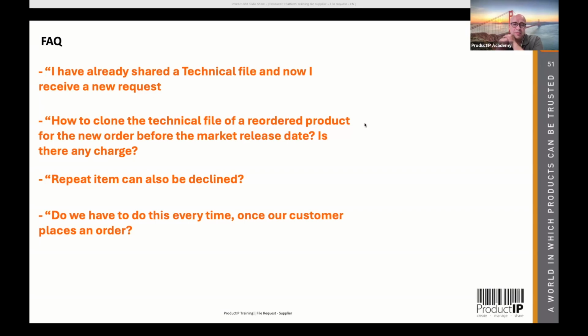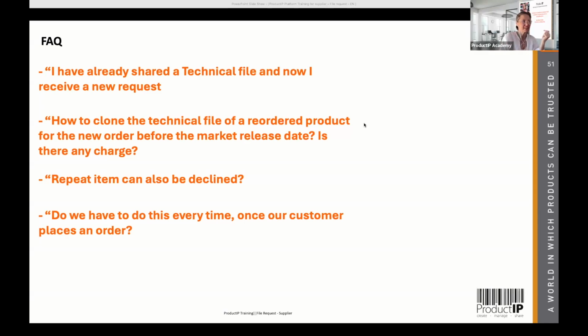Saskia: For a clone, if you keep the market release date the same, it's 1 credit. If you change the market release date, then it's 2 credits. Correct, but in most cases, if you change the market release, it should be changed because it has a new entry.